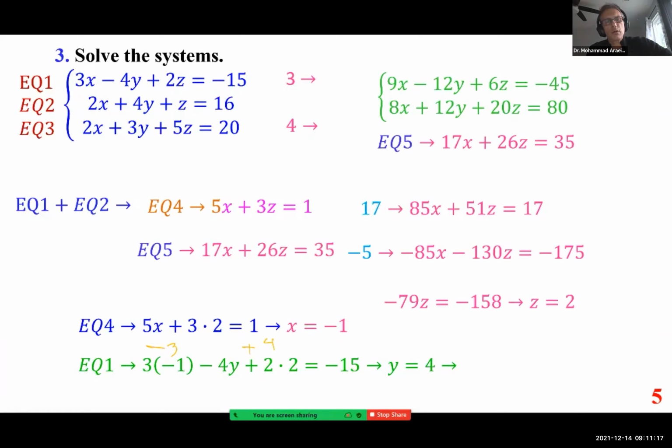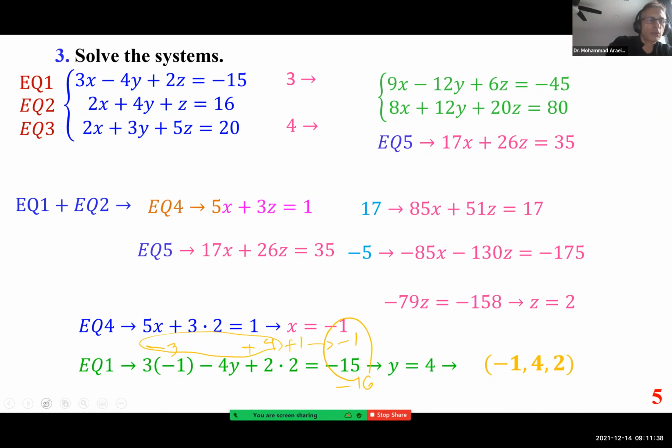Plus 4 becomes negative 1 on the other side. This 2 is positive 1, okay? Plus 1 moves to the other side, negative 1. And this becomes negative 16 divided by negative 4. Y becomes 4.